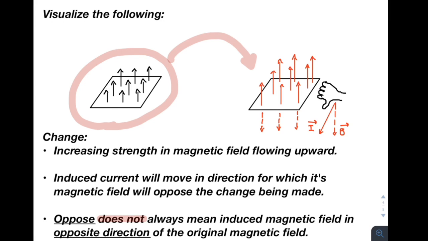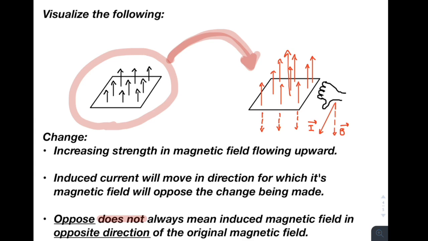That current, once it's induced, as we know from previous weeks, will induce its own magnetic field. So the magnetic field that is induced by the current is going to oppose the magnetic field change, shown from this first image to the second. Meaning that if the magnetic field strength is increasing upward through this loop, then the induced magnetic field from the current is going to oppose that change.